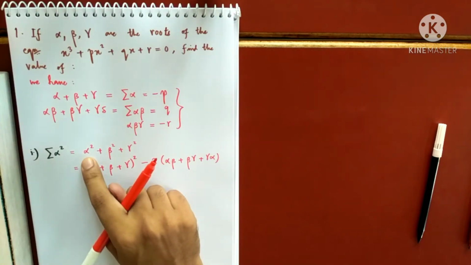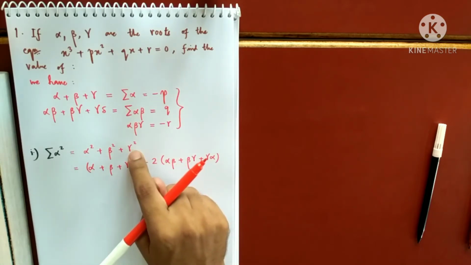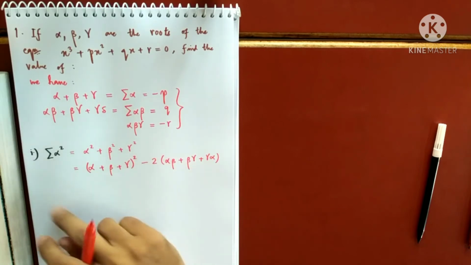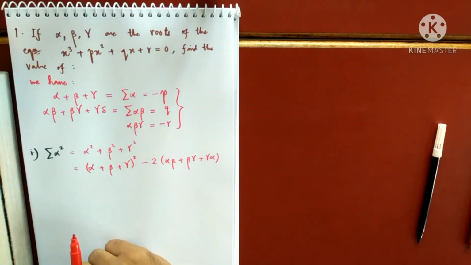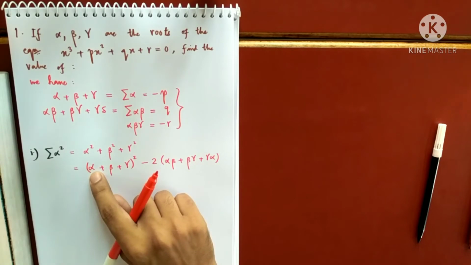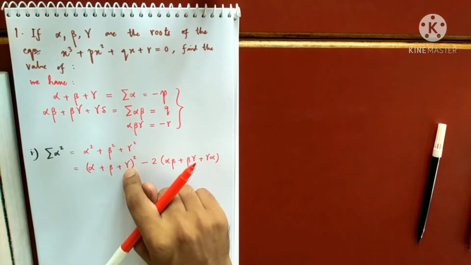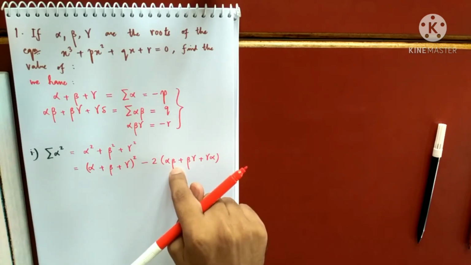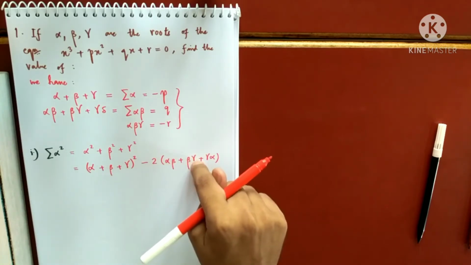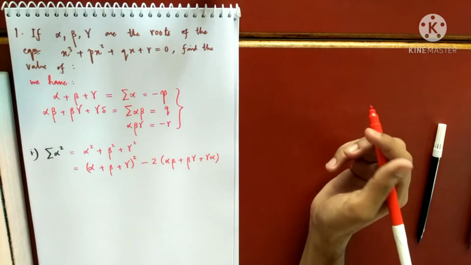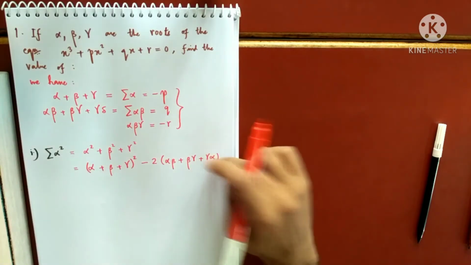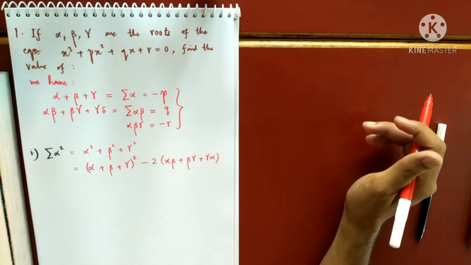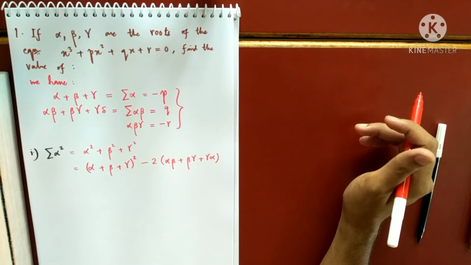I wanted the value of alpha square plus beta square plus gamma square, so I'm writing it as alpha plus beta plus gamma whole square. But this will give me many extra terms which I did not need. So I have to subtract them. Understood this line? Anybody who did not understand this line?